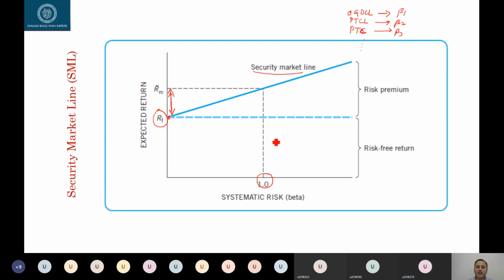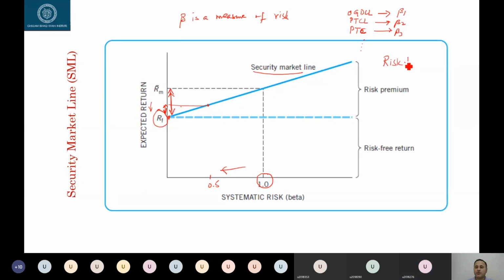And let's say the beta is 0.5. Okay, so I'll go here. And then this is the minimum return that I'm expecting. And as you can see, beta is a measure of risk. So if the risk goes down, of course, your premium also goes down. Let me write it for you.